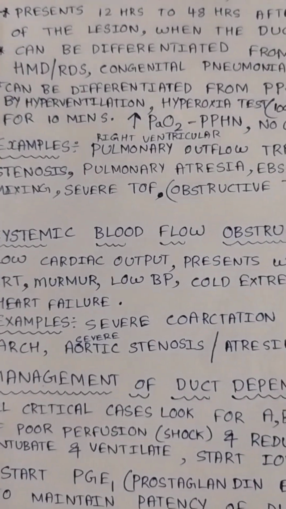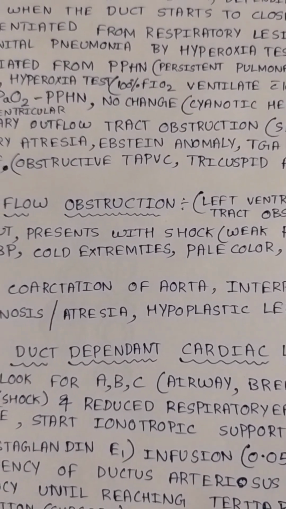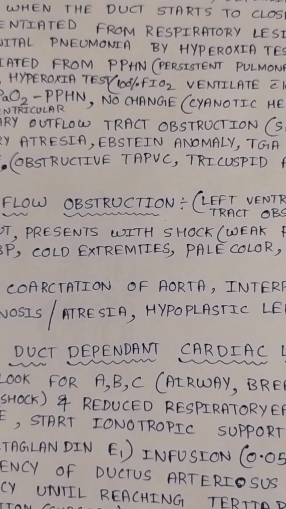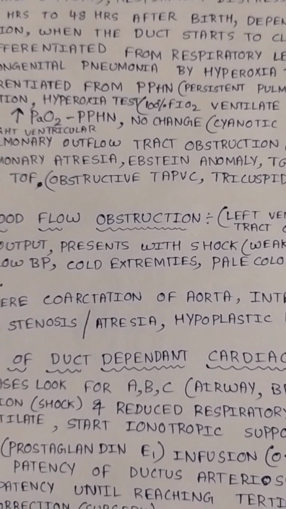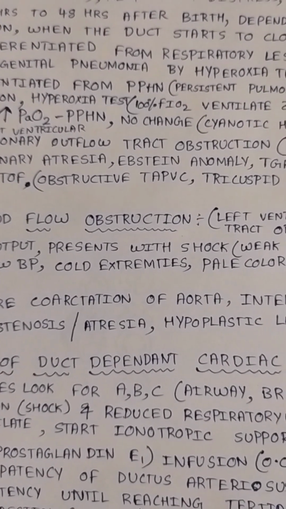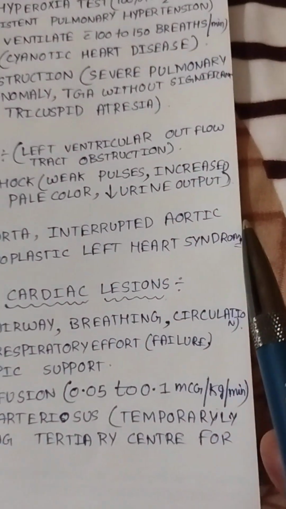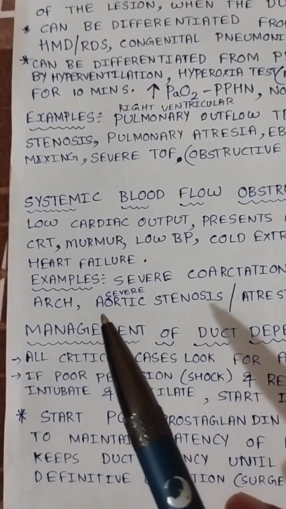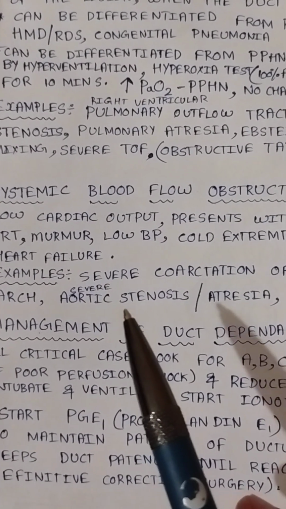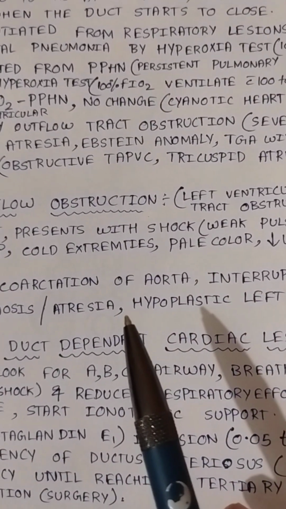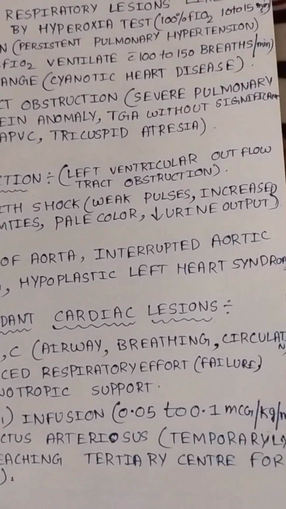Examples are severe coarctation of aorta, meaning there will be narrowing of the aorta at some stage, and interrupted aortic arch, severe aortic stenosis or atresia, and hypoplastic left heart syndrome.